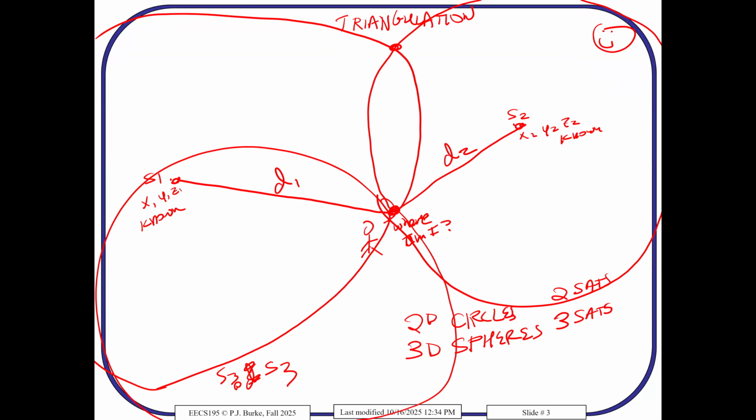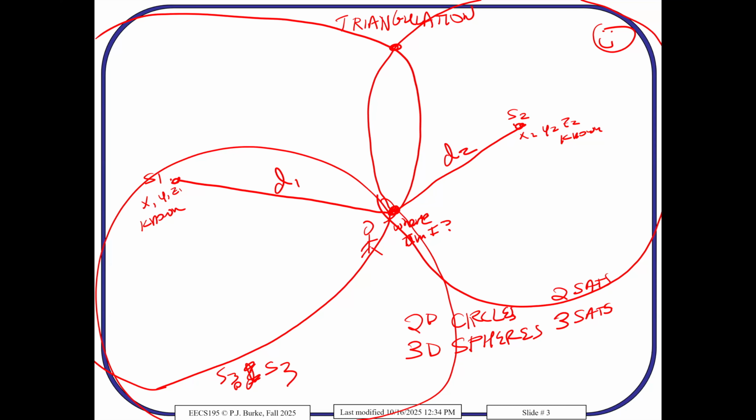So how do we know the distance to the satellite? I'll give you a hint. The satellite is broadcasting its position and the time that it sent the broadcast. It's sending beacons. We'll talk about the protocol in a little bit, but it tells you where it is and what time it is every time it sends a beacon. So how can we determine our distance to the satellite from that on the ground?